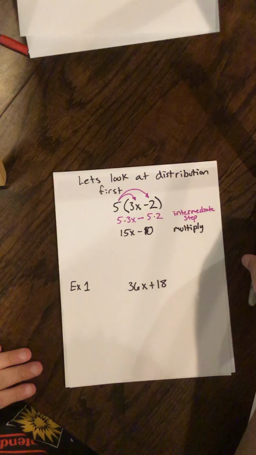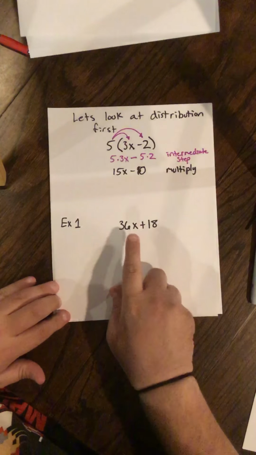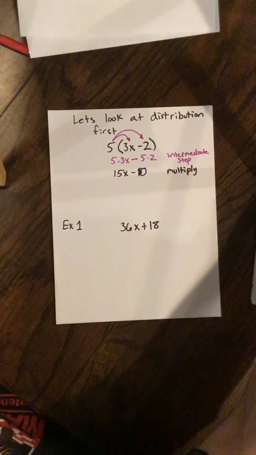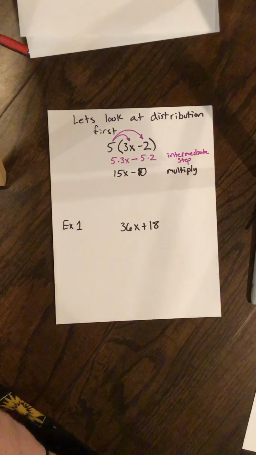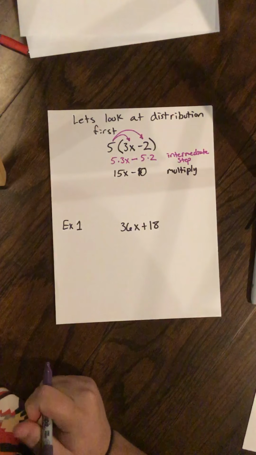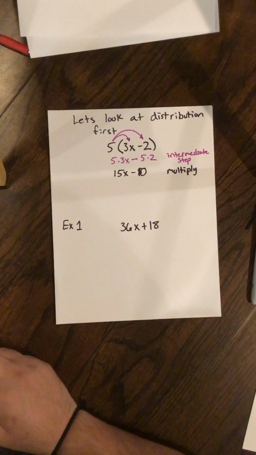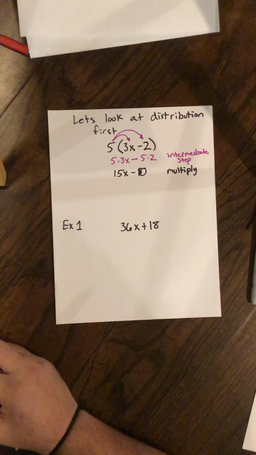All right, so let's go ahead and take a look. We're going to look at this example here, this 36x plus 18. Okay, 36x plus 18. So what do y'all think the greatest common factor for 36 and 18 is?